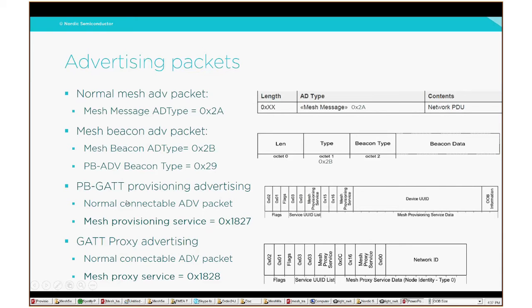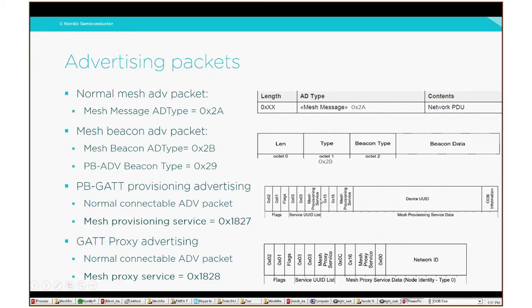The third one is the PB-GATT provisioning advertising. This is a connectable advertising packet that I mentioned earlier. If inside that you see the mesh provisioning service in the service UUID list, the mesh provisioning service has a value of hexa 1827, then you know that it is connectable advertising for provisioning.